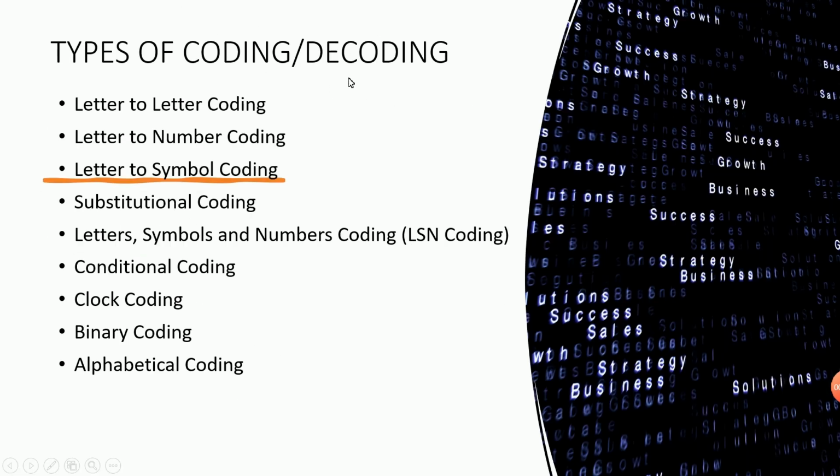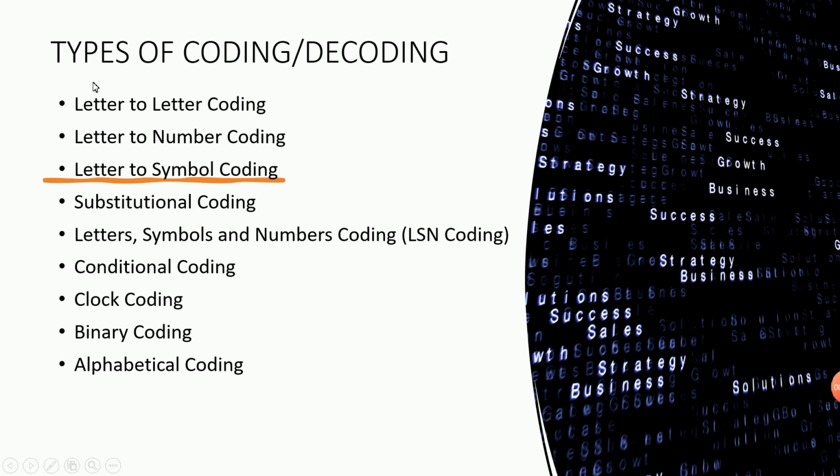In types of coding and decoding, I have not categorized like yesterday's class, based on this or that, because these things are interconnected. I cannot simply categorize by a single term. So I have put them plainly in 9 orders. First is letter to letter coding.